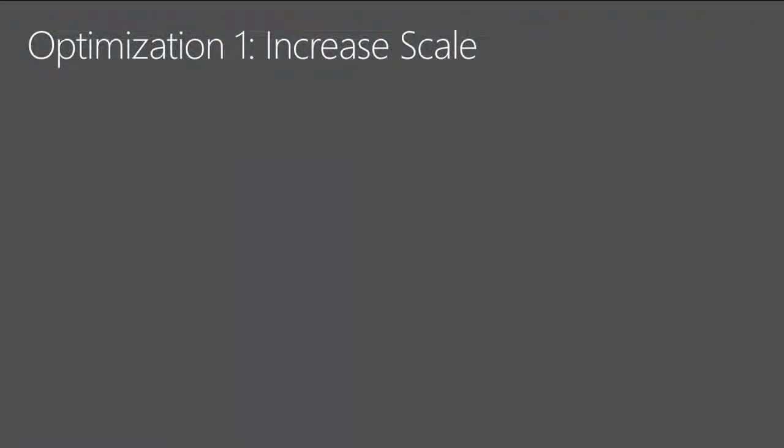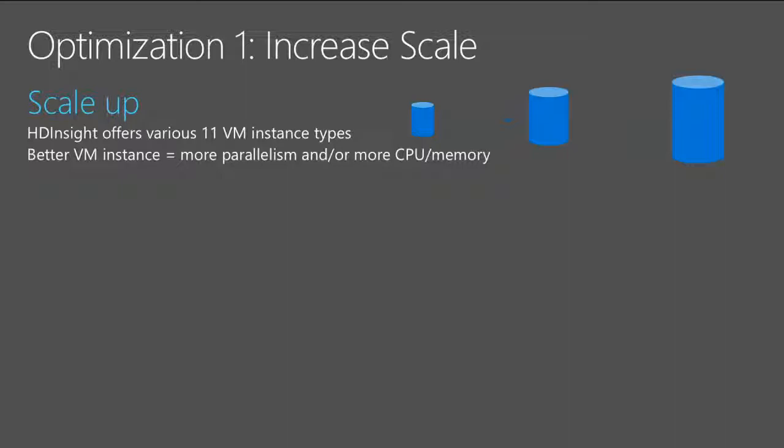The first optimization that I thought of was increasing scale. What do I mean by increasing scale? When you are thinking about increasing scale, I can scale up. If you remember, I showed you we offer 11 different VM types, so I can choose a more powerful VM type. A better VM type will give me more parallelism because it can run more tasks.